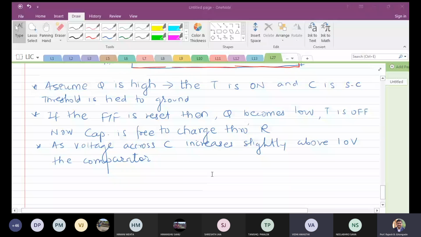As voltage across capacitor increases slightly above 10 volts, the comparator output will go high and set the flip-flop. Now, if the flip-flop is set, what will happen to Q?